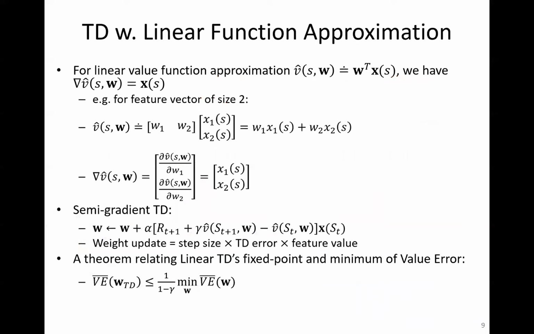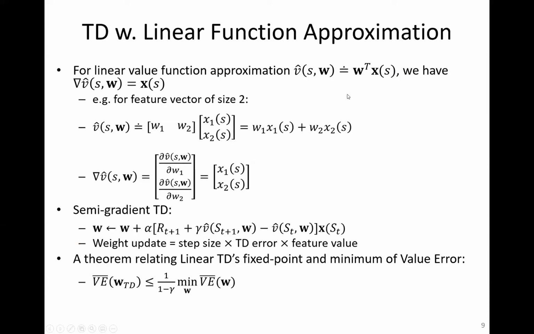Now with a linear function approximation, so we're not yet discussing neural networks, which are non-linear function approximators. Let's try linear function first. So the value function is a product of the weight and the feature vector.